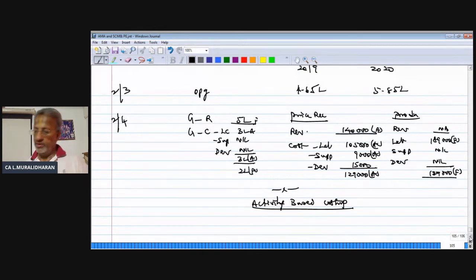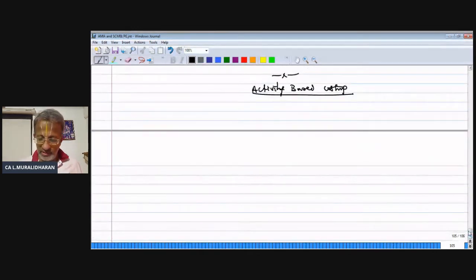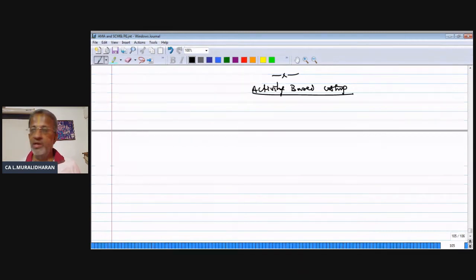So now let us take up activity-based costing. What is activity-based costing? For this, I will narrate one incident, then you can easily understand what exactly activity-based costing is all about. Some people would have had an introduction at intermediate level or IPCC level.